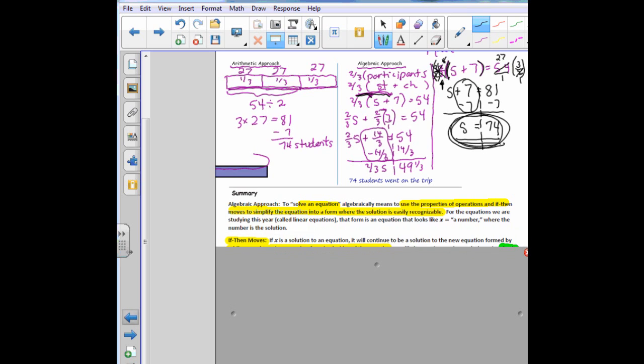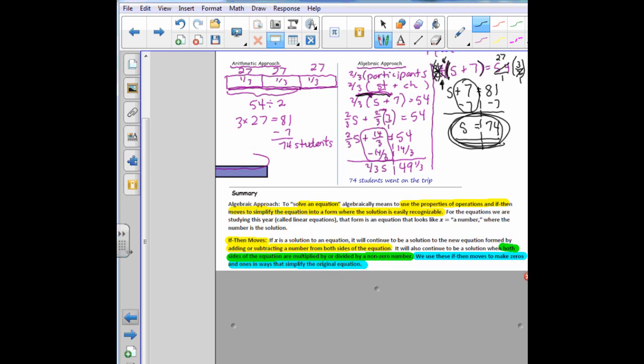If-then moves. If x is a solution to the equation, it will continue to be a solution to the new equation formed by adding or subtracting a number from both sides of the equation. It will also continue to be a solution when both sides of the equation are multiplied or divided by a non-zero number. We use if-then moves to make zeros and ones in ways that simplify the original equation.